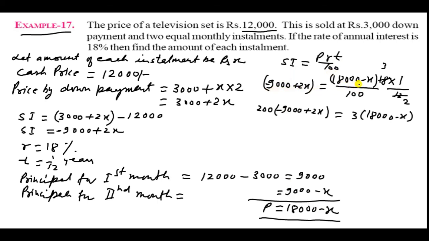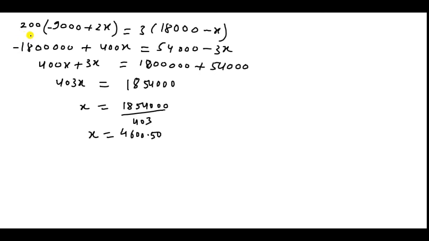So here is the price by down payment, that is 3000 plus 2x, and when it is compared with the cash price, we get the simple interest, that is 3000 plus 2x minus 12,000, so it becomes minus 9,000 plus 2x. Rate of interest is 18% and time is 1 upon 12 years. Principal for first month is 12,000 minus 3,000, it becomes 9,000, and principal for second month is 9,000 minus x, so we get 18,000 minus x.